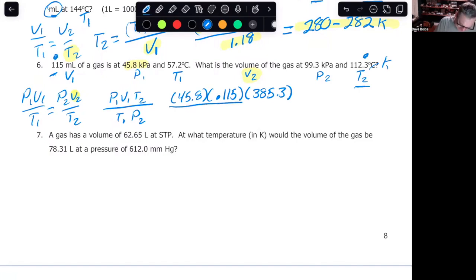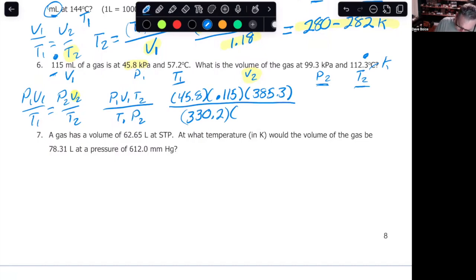All right, now T1, where are you at, T1? Right here, 57.2 Celsius. And once again, that's not going to work out for me. I need to add 273, so 330.2 Kelvin. And then finally, my P2, there you are.